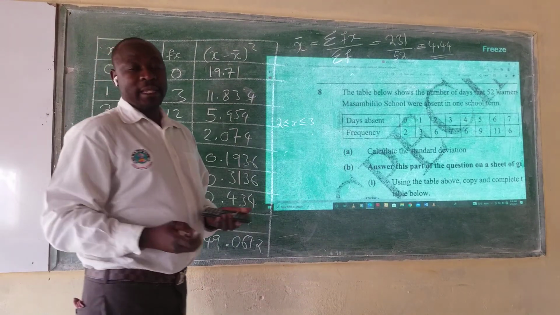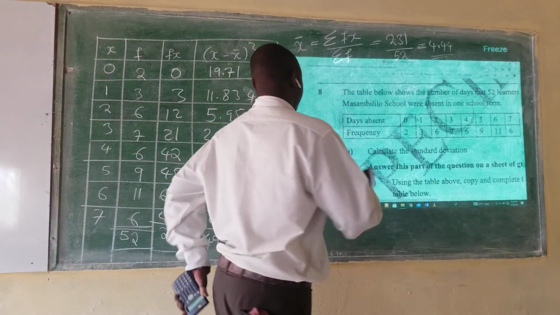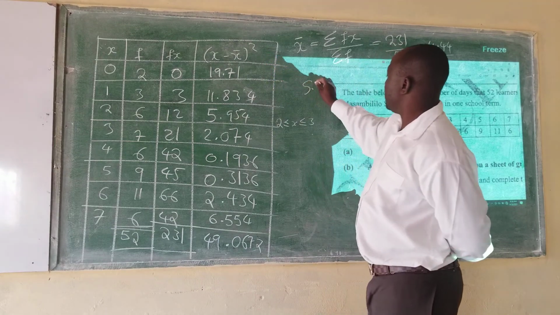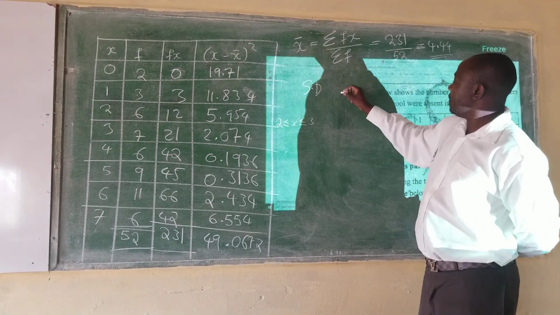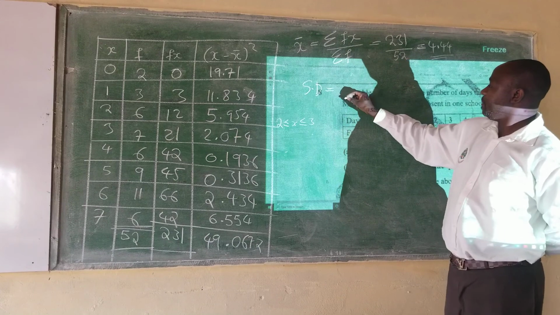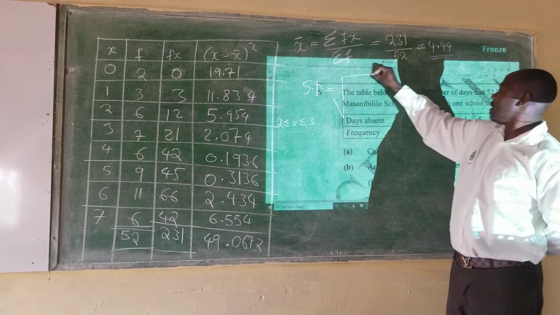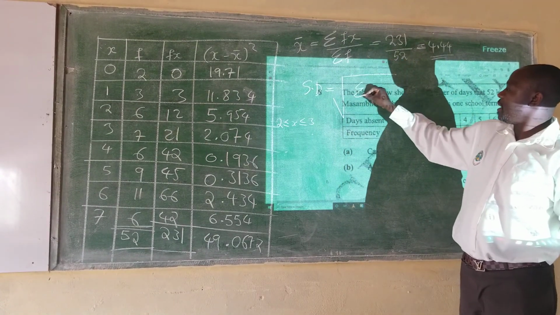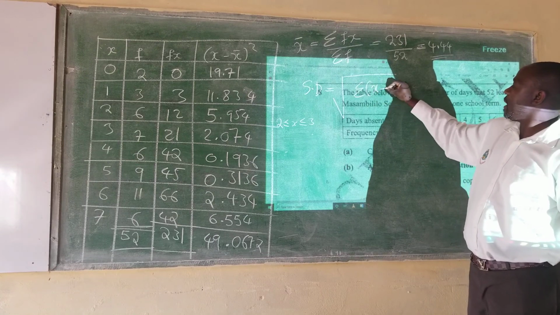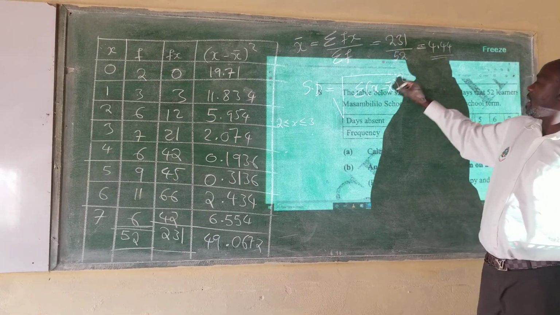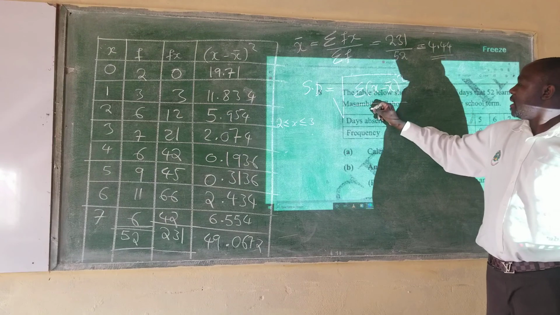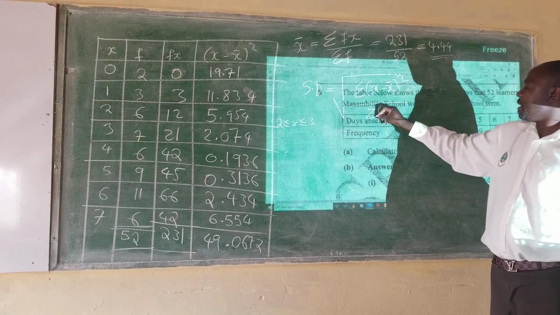To now find the standard deviation. Standard deviation SD is given by the root of the summation of open bracket x minus x bar squared divided by the summation of frequency.